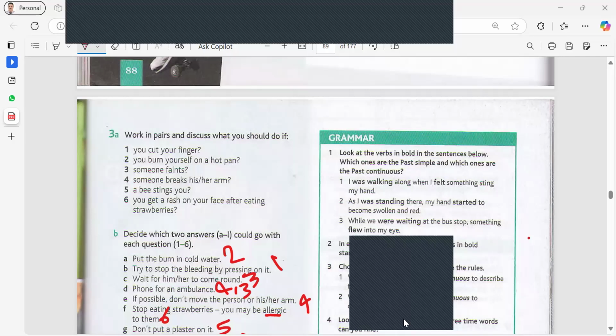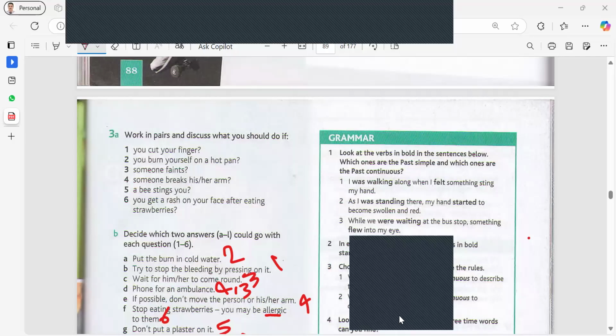But what should you do if you feel dizzy or breathless? You should see a doctor. You should phone a doctor and speak to a doctor, or maybe you should call the ambulance.